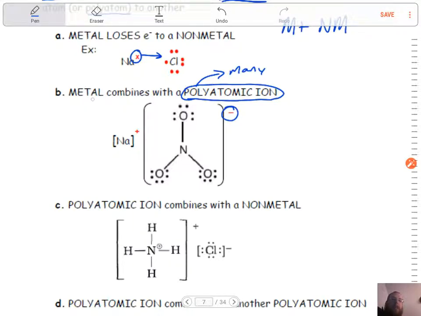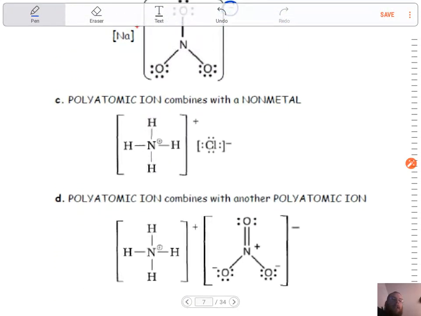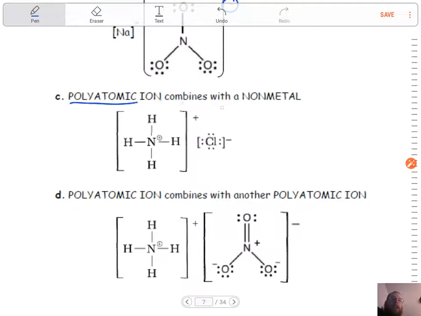Same thing here with that metal and a polyatomic ion. You could also have a polyatomic ion combining with a nonmetal. Again, you're going to see the charges on both of those. That polyatomic, many atoms making up a single ion, has a charge around it. Especially when we draw the structures for those polyatomics, they're going to have brackets around them, and that's really important.